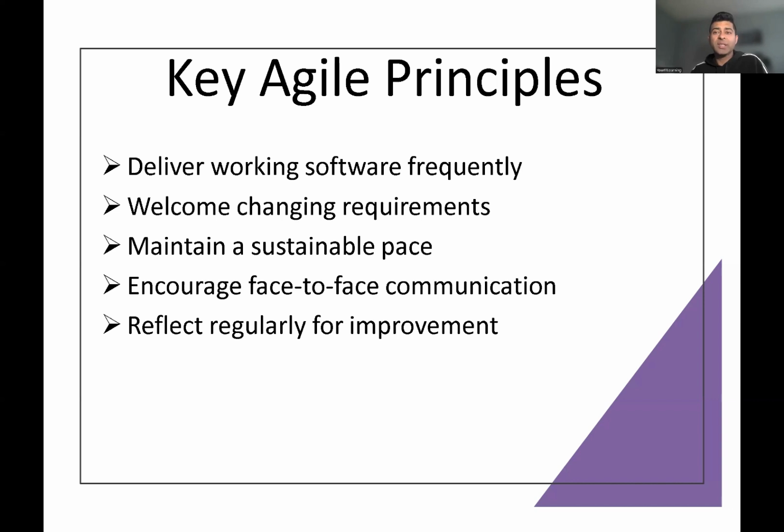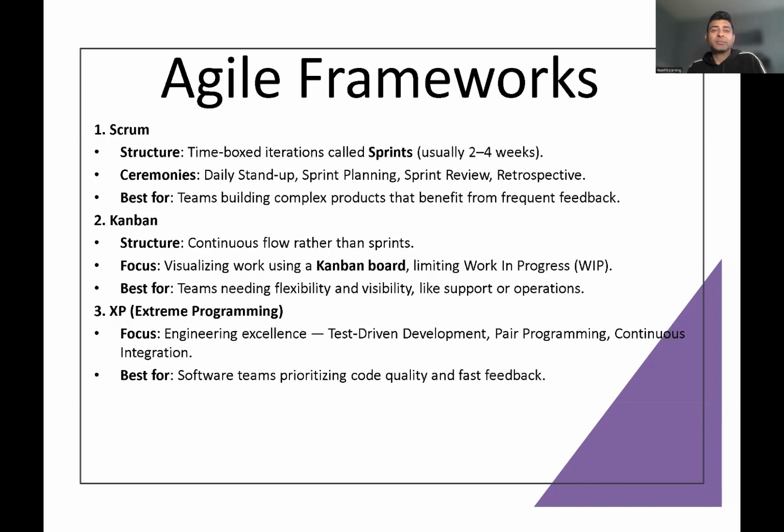So every 2 weeks, you are creating some valuable product for your stakeholders. Encourage face-to-face communication. These days, we are on Teams, we are in offices, Zoom, so you can talk to your stakeholders whenever you want. Reflect regularly for improvements. So every time you can get thoughts from a subject matter expert and you can change.